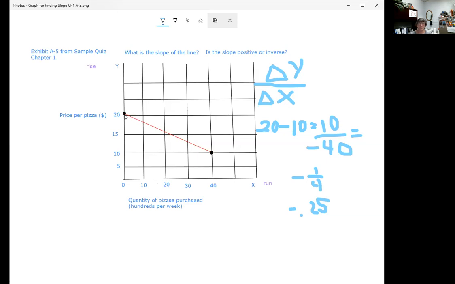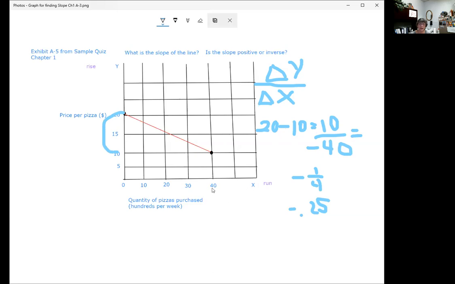So we can see on this chart, 20 minus 10. We're only looking at y now. So y has something on 10 and 20. We're looking at the difference between these two items, and that is 10. So we have 20 minus 10 equals 10.